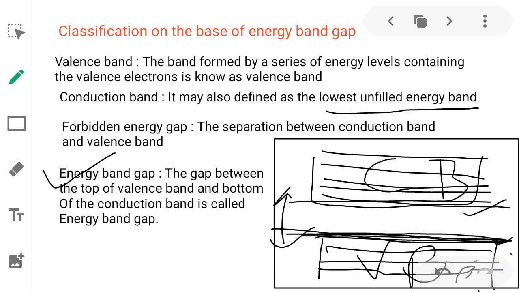The top of the valence band and the bottom of the conduction band. One more time: the gap between the top of the valence band and the bottom of the conduction band is known as the energy band gap. We do not consider the gap between any two levels. We must consider the gap between the top of the valence band and the bottom of the conduction band.